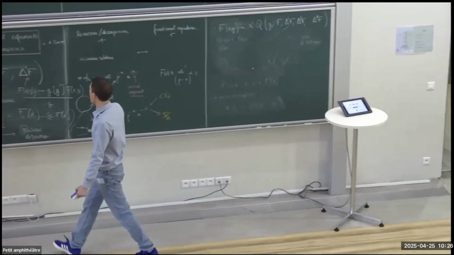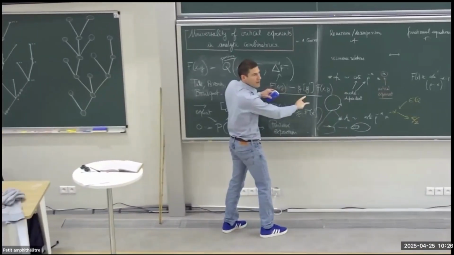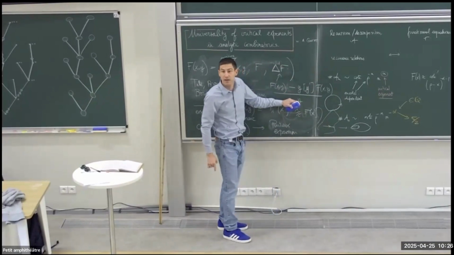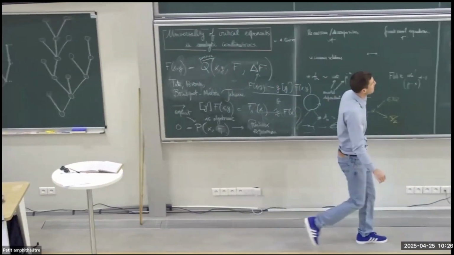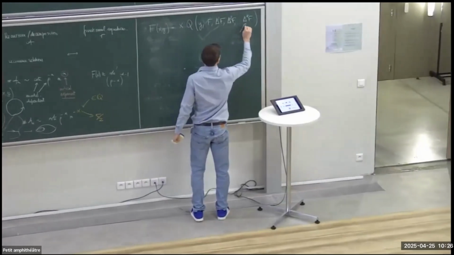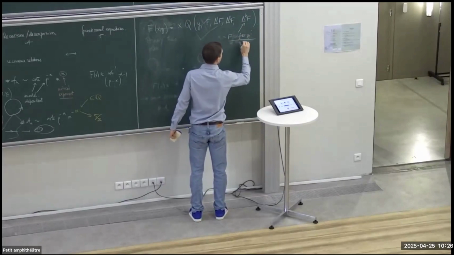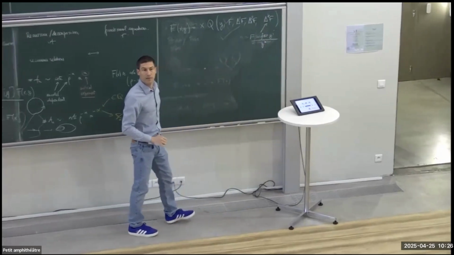What is fk? It's the same thing, but I remove the coefficients of y squared, y cubed up to y^k, and I divide by y to the k. So this is f minus the first y to the i coefficients up to k, divided by y to the k.